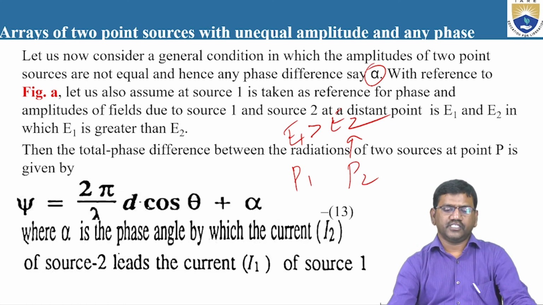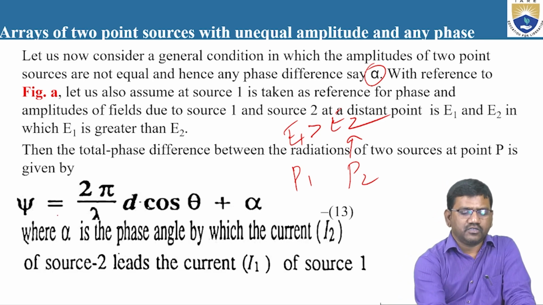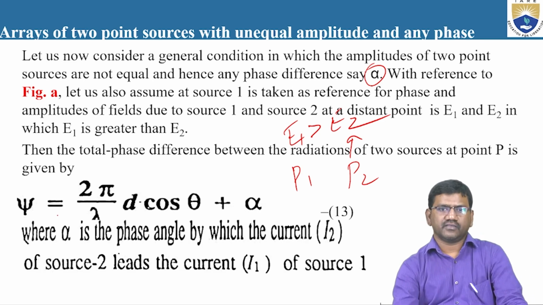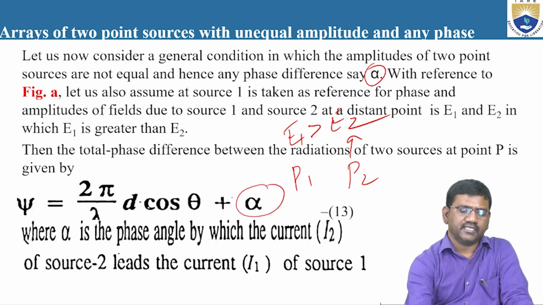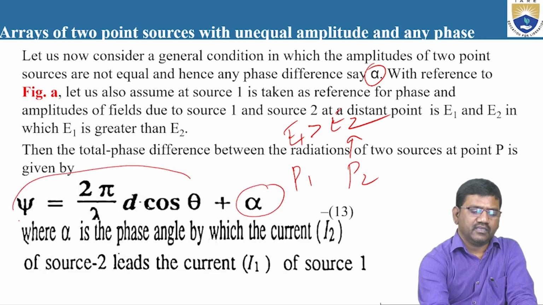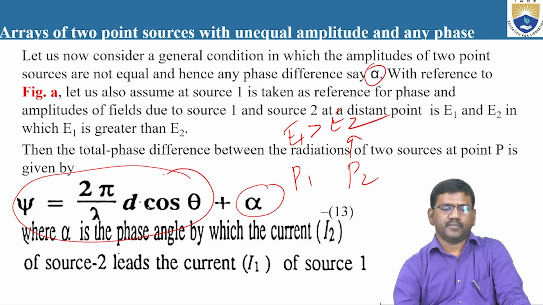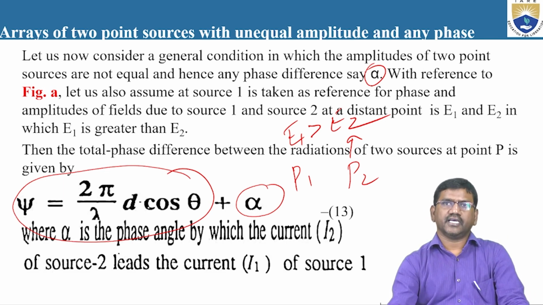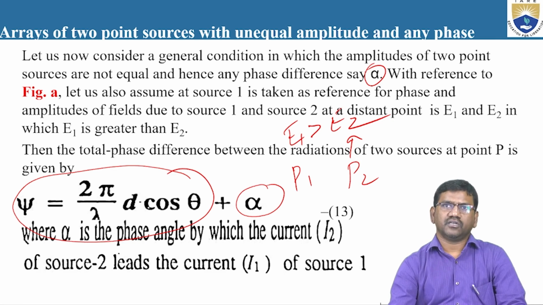Now the total phase difference between the radiations of these 2 point sources is given by psi is equal to beta d cos theta plus alpha. So here an extra parameter is added. Generally, psi is equal to beta d cos theta only for equal amplitude and same phase, or equal amplitude and out of phase.